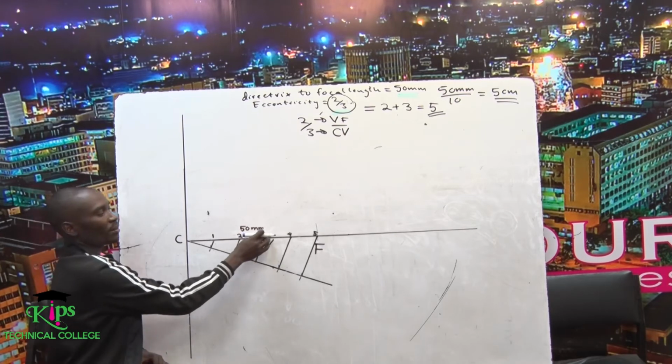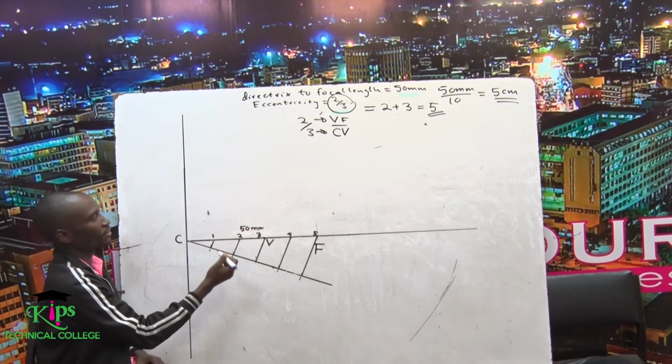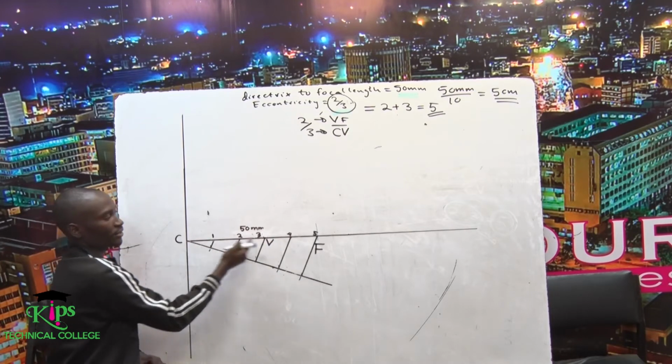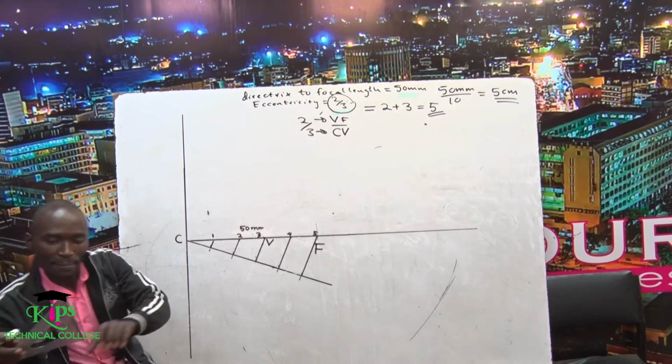So this is whereby you have your V. Your V is in between these two ratios. The ratio of 2 is to 3. At this point, that is where you'll be having your V.